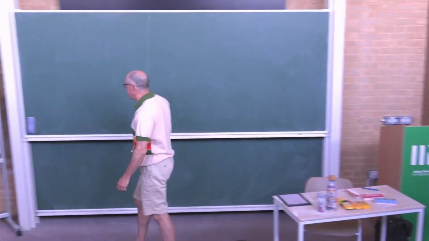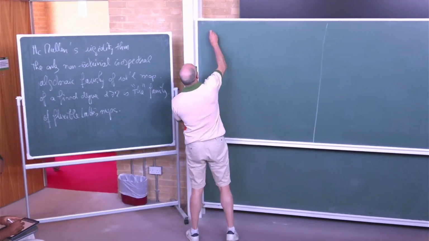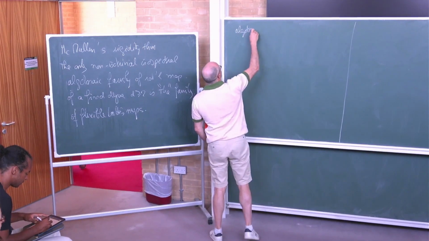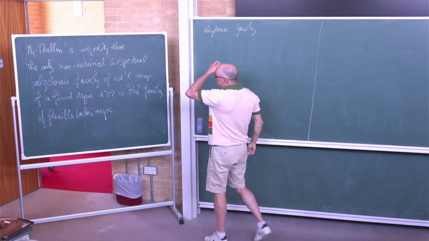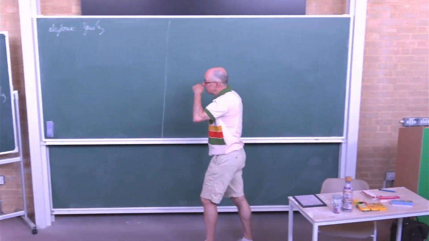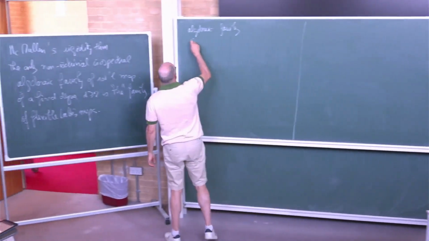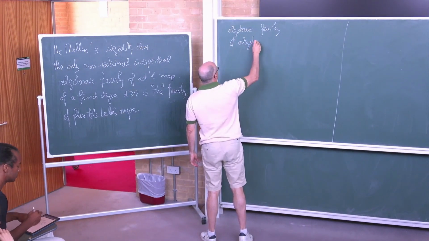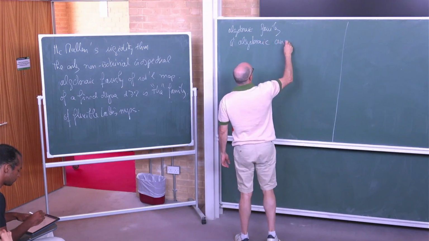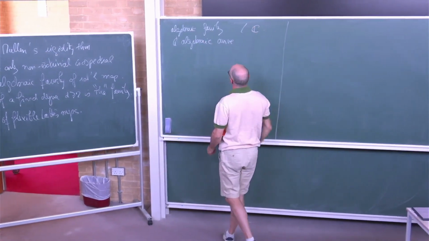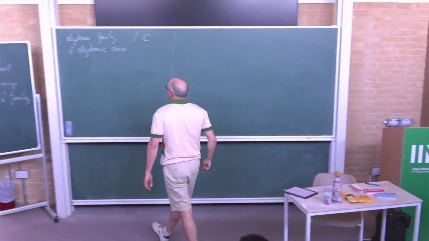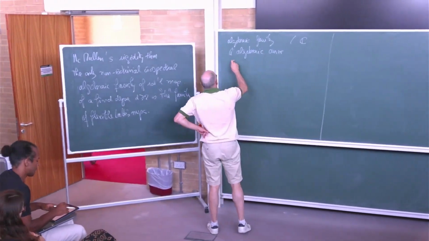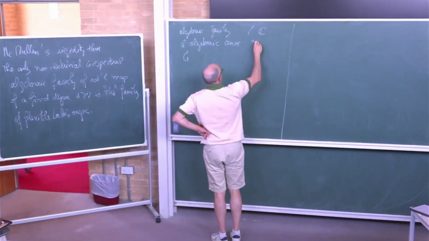So what is an algebraic family? Here, in fact, an algebraic family parameterized by a curve. So you fix an algebraic curve. Here we're working over C, and it's smooth.